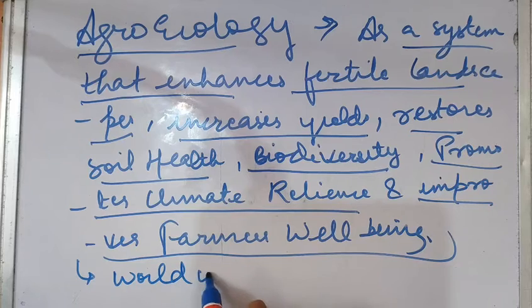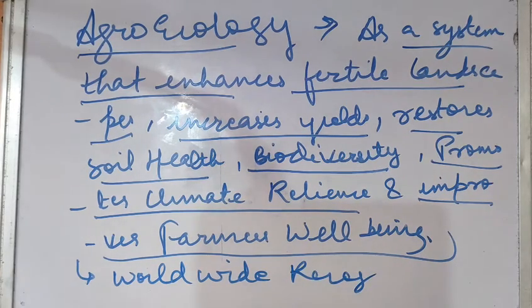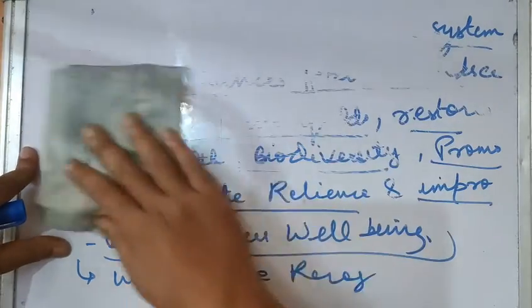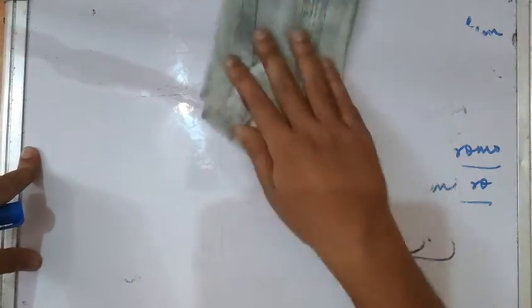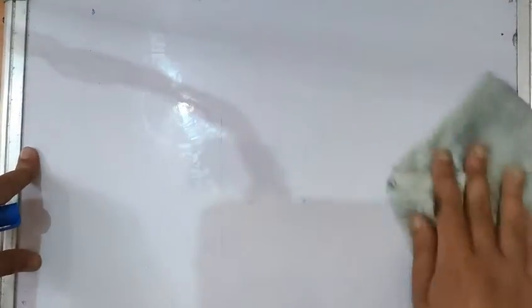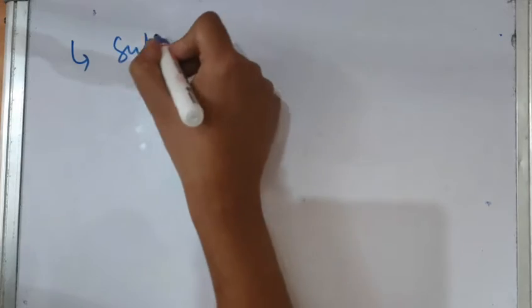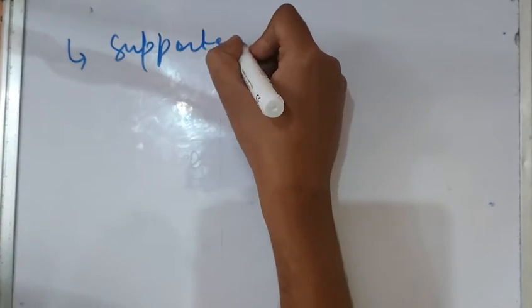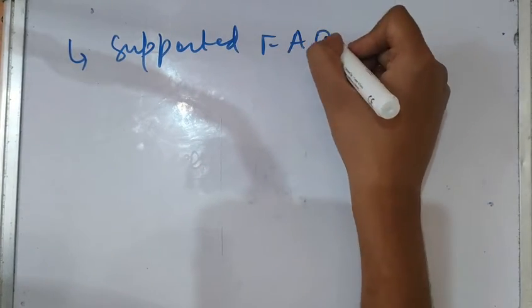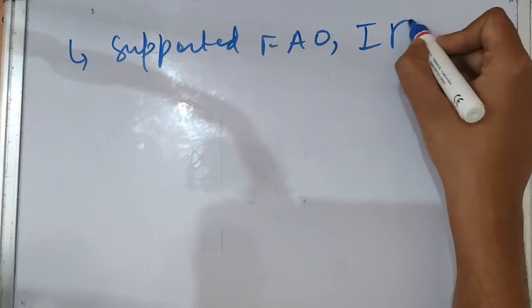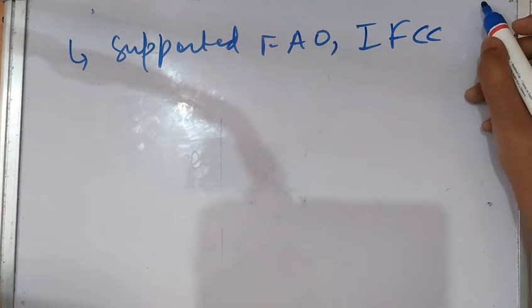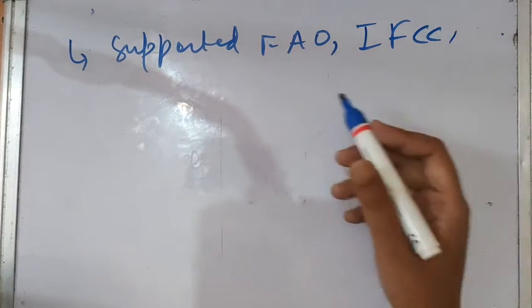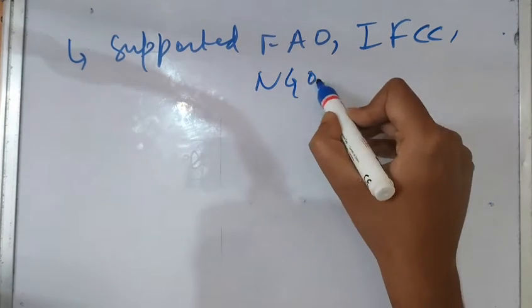You can move to many countries, they all divide their landforms, their regions as per agroecosystems. These practices are even supported by many world organizations like FAO, IFCC, and you can see many NGOs support it.